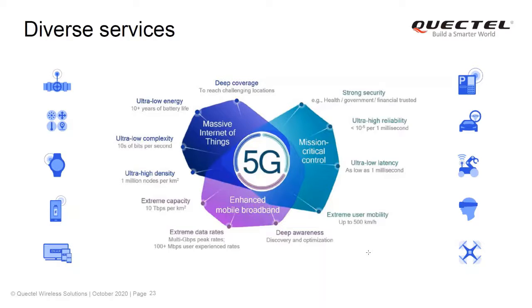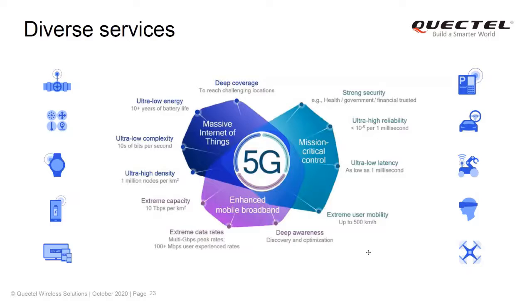And the third area is massive Internet of Things. So what we have now related to NB-IoT and Cat-M, all these applications that came from 2G technology, which are still used in the industry.